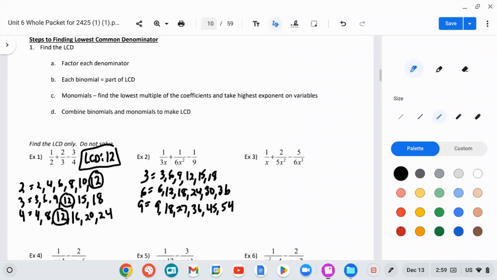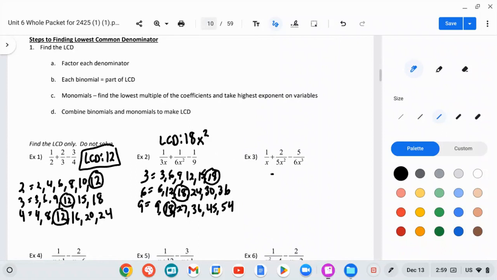So the first number they all have in common is 18. That would be my lowest common denominator as far as the number goes. And then for the variables, if it's a monomial, which means a single term without any plus or minus, you just always represent the biggest number of x's that you see. So it'd be x squared there. That's all you have to do to find the LCD for number 2.